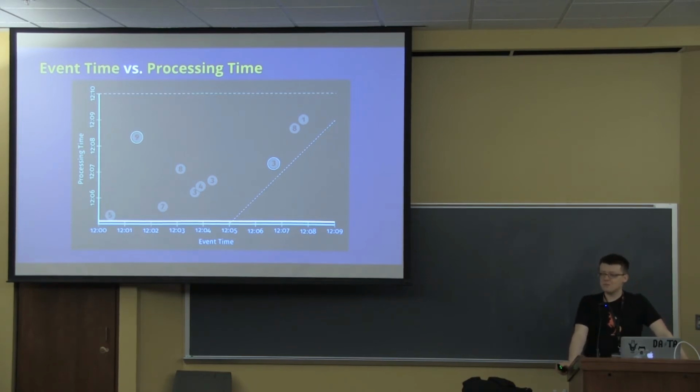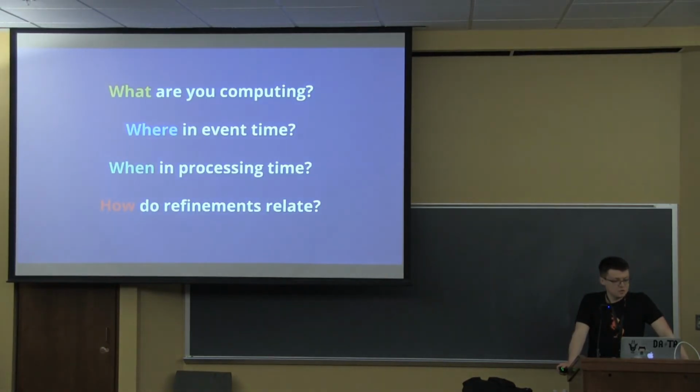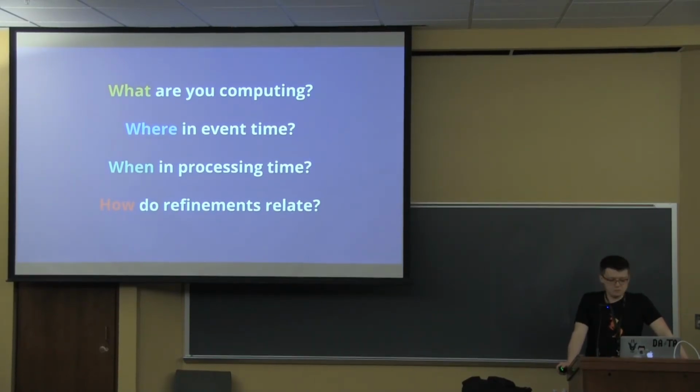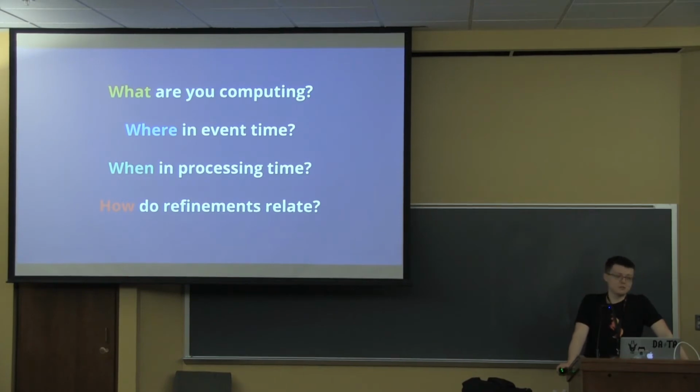But luckily, Beam has tools, because Beam was built at Google, which has lots of such problems. So to fix this, you have to answer 4 questions. What are you computing? Meaning, are we summing, computing the maximum value, average, whatever? Where in event time?